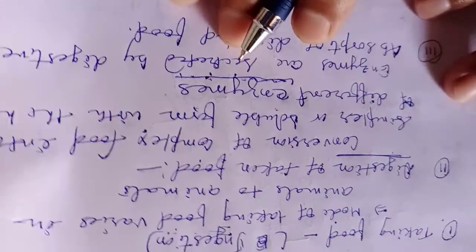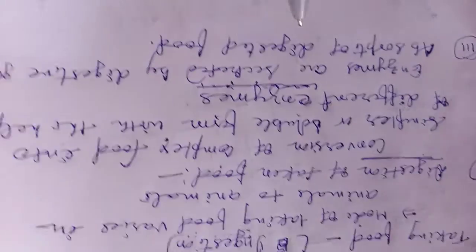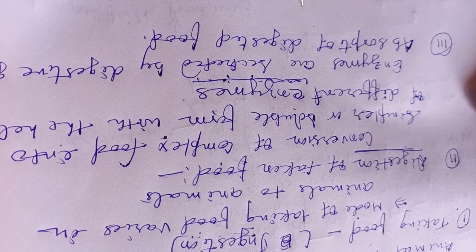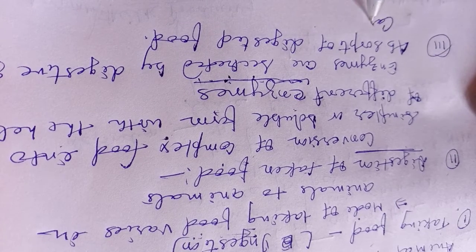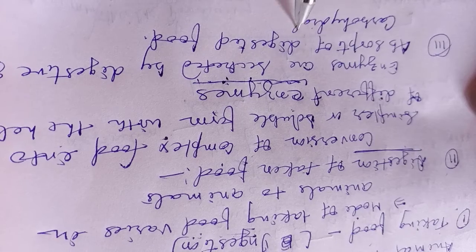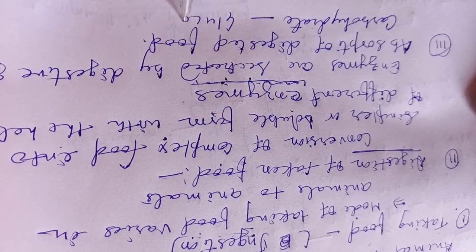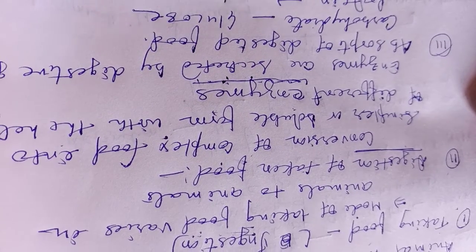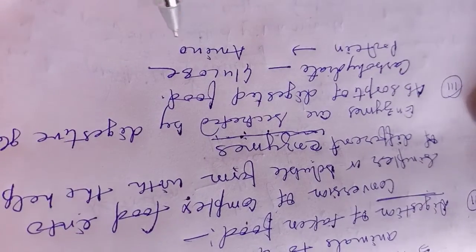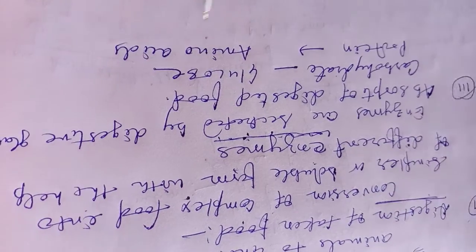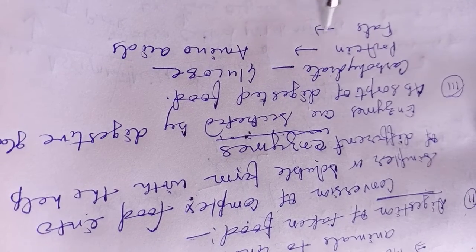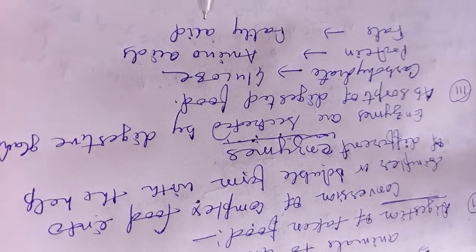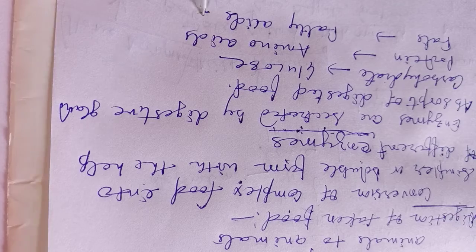Here you know one thing. When food is digested, it is converted into simpler form. Carbohydrate, after digestion, is converted into glucose. Protein into amino acid, and fats into fatty acid plus glycerol.